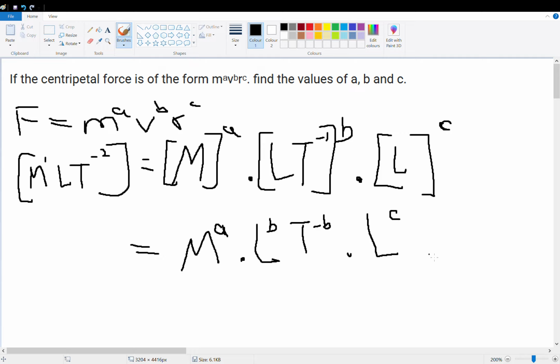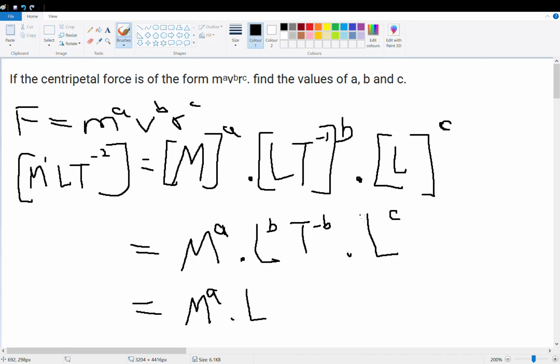Okay, now we have this almost in dimensional form. All you have to do is attach this L and this L together, because we have to merge them in dimensional form if we have the same unit somewhere. So M to the power a won't change, multiplied by L, but the power, by a basic math rule, if you multiply the same base, its powers get added.